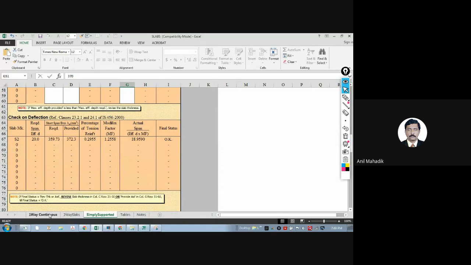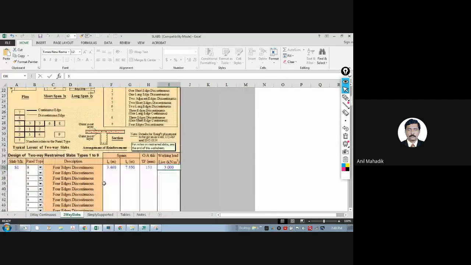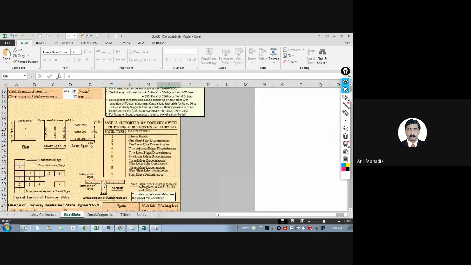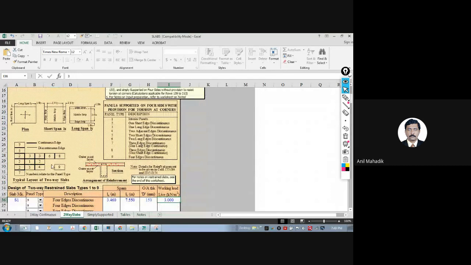Now we'll go to two-way slab. So in two-way slab, we are having 9 conditions actually. So can you see this? These conditions are given in IS 456. Let me check.